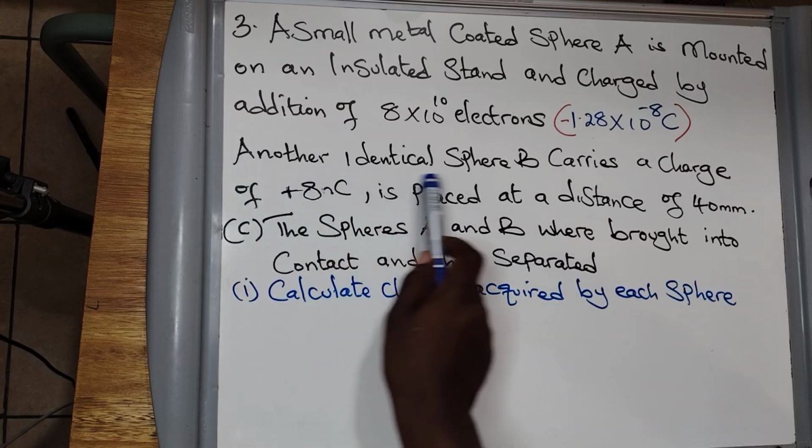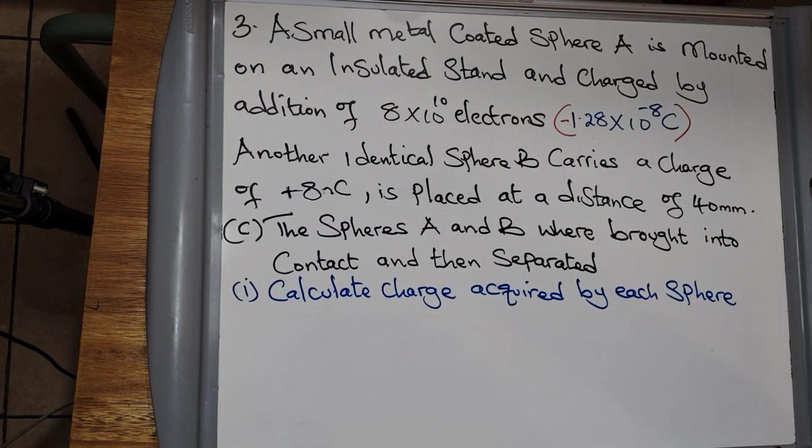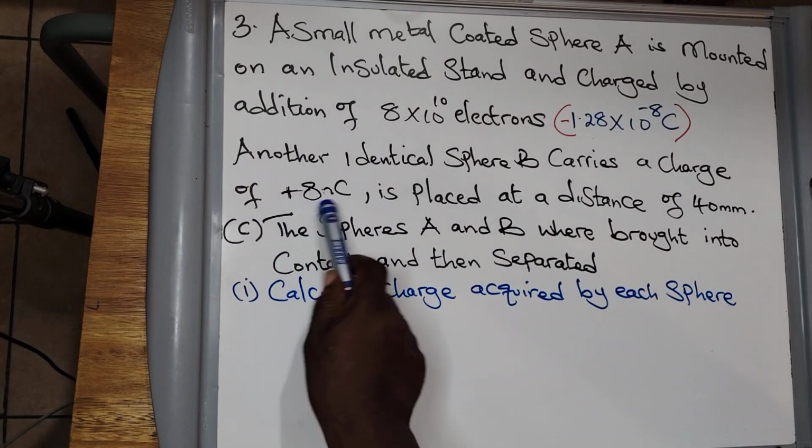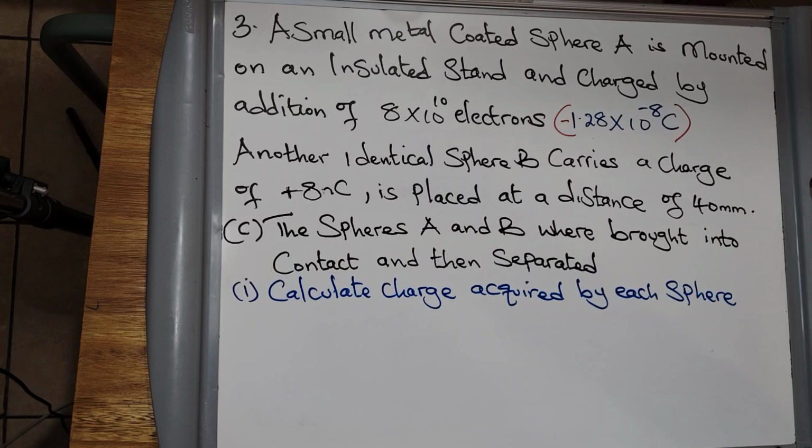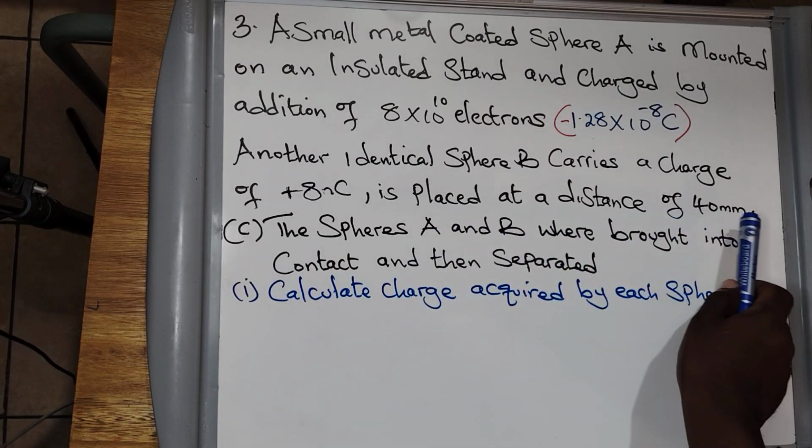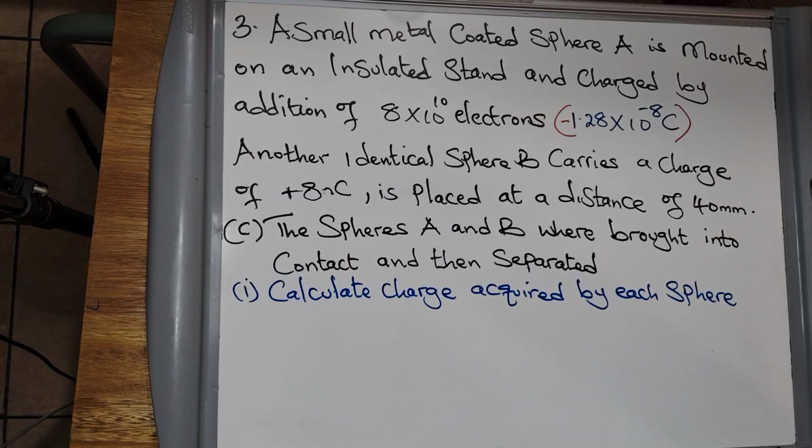Then it is placed near another identical sphere B, carrying a charge of plus 8 nanocoulomb, at a distance of 40 millimeters.